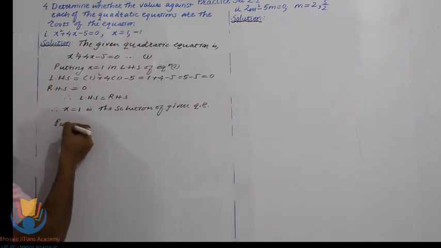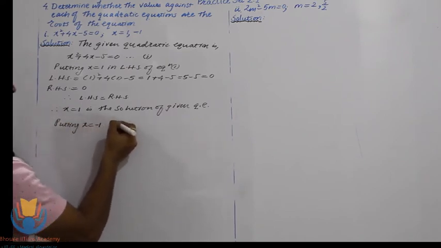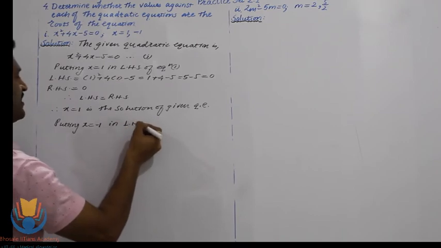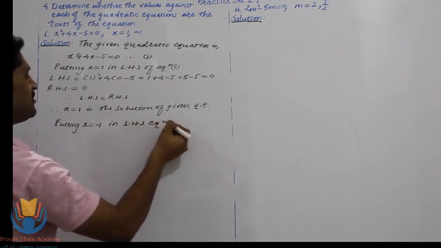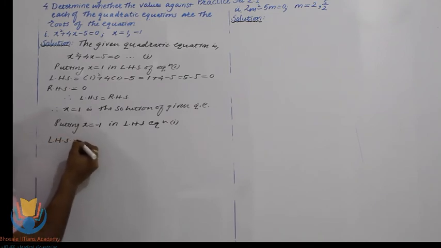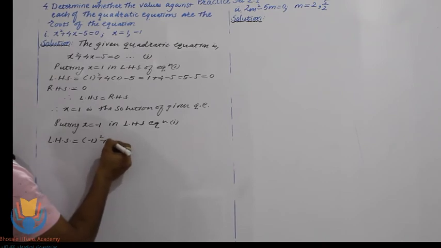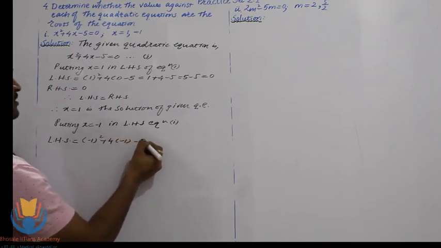Again we will write the same, putting x is equal to minus 1 in left hand side of equation first. Again we will write left hand side of equation 1 only. So minus 1 whole square plus 4 into minus 1 minus 5.